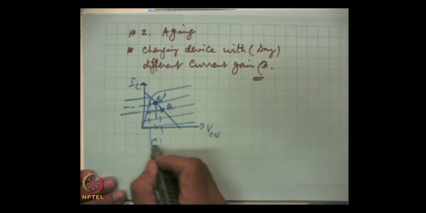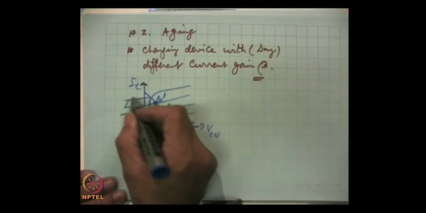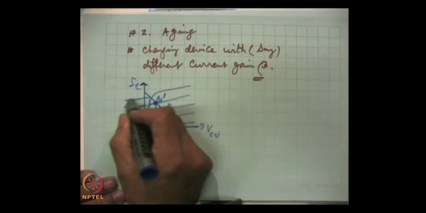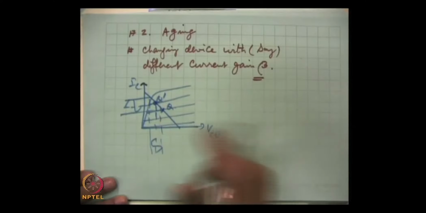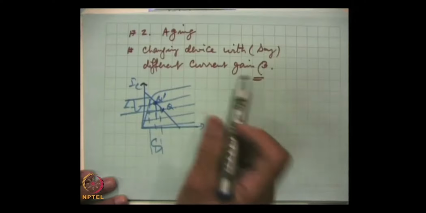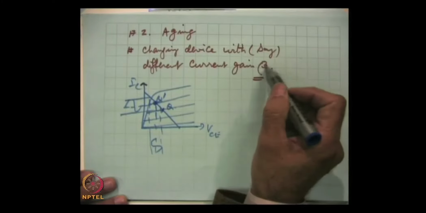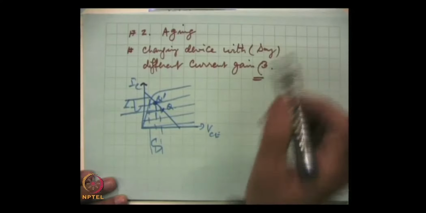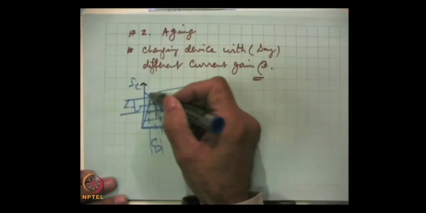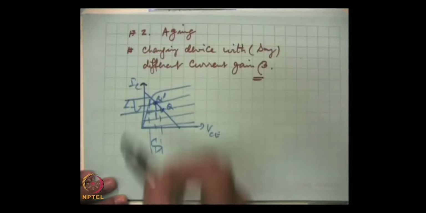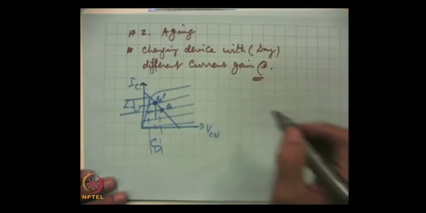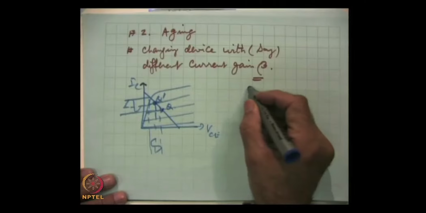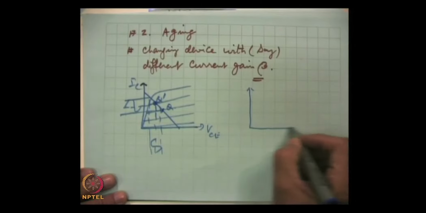So, in spite of the fact that our input was a pure sinusoidal signal, the output may be distorted like that. This will happen when, for example, we replace the transistor with one of higher beta, or the temperature changes and it becomes higher. While if beta is less, then it will change in the other direction.